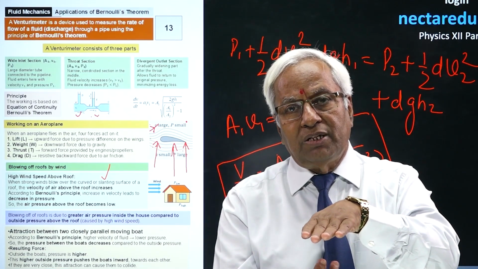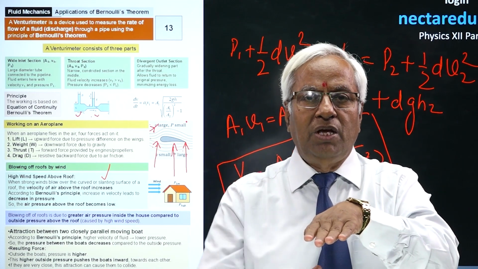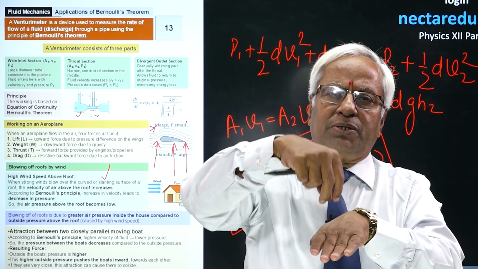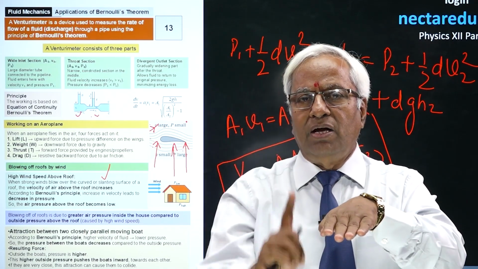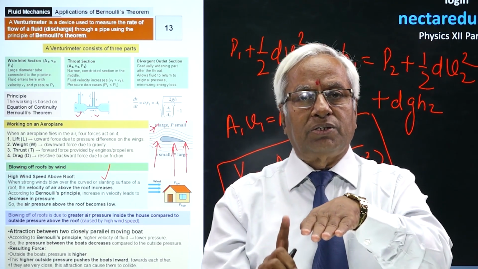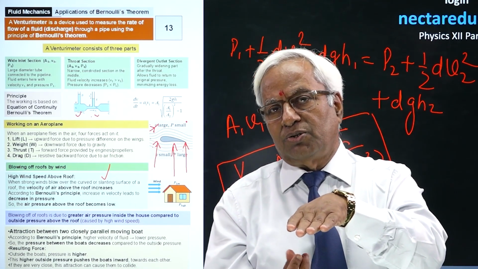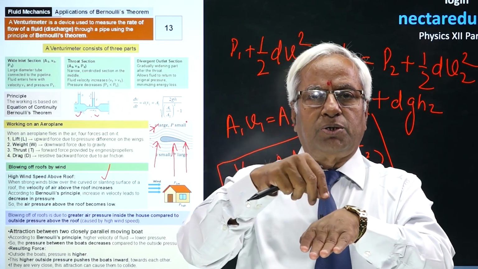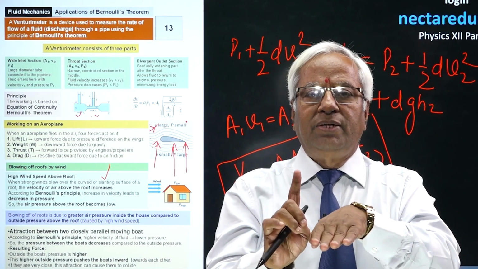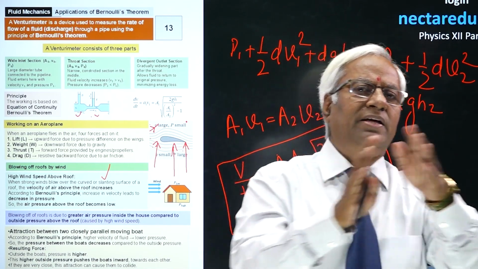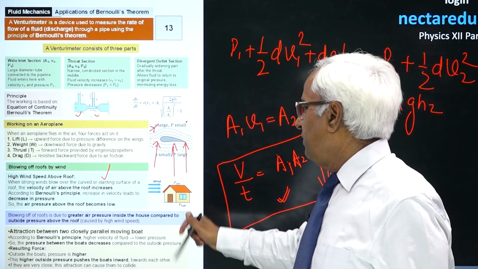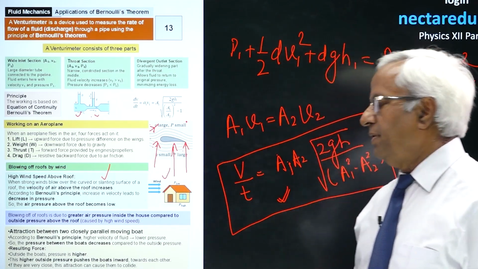Below the roof the same pressure continues, whereas above the tin the pressure is low. Again, the same thing, a pressure difference has developed across the two faces of the tin. Below it is greater, above it is smaller. A force will be developed from higher pressure to lower pressure. This will make the tin sheet fly away. That's why in a storm, tins fly away, roofs fly away.